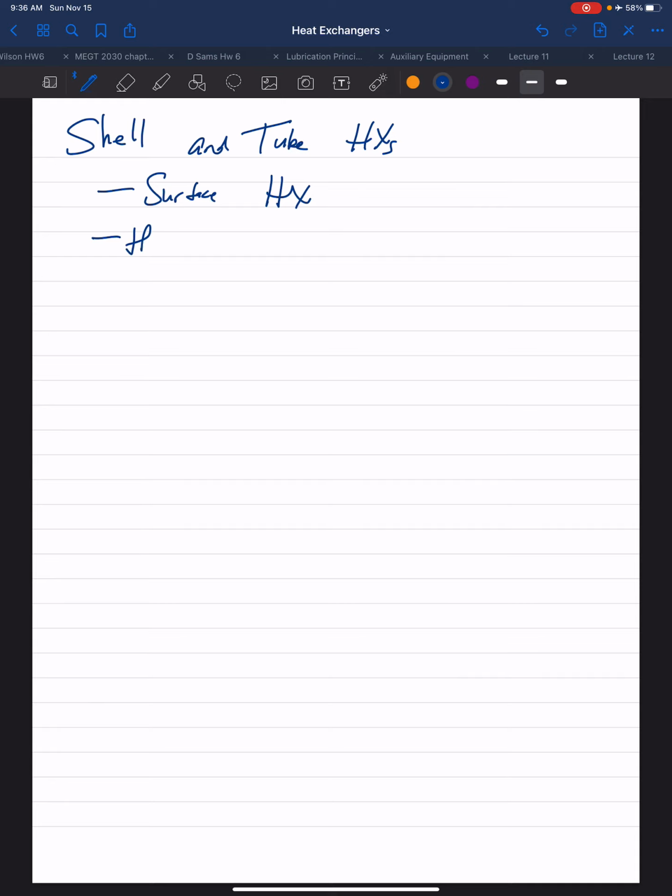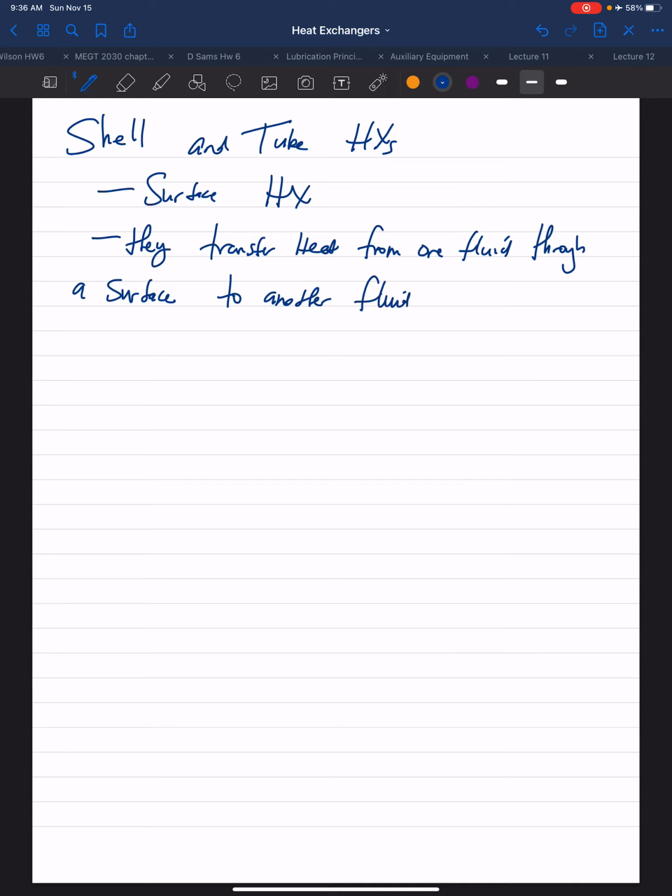So they transfer heat from one fluid through a surface to another fluid at a lower temperature.